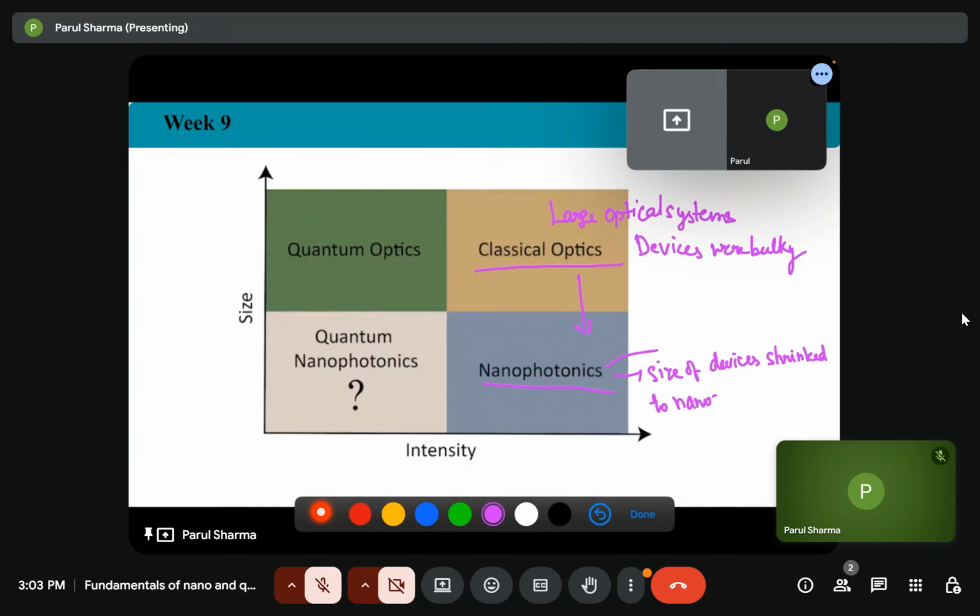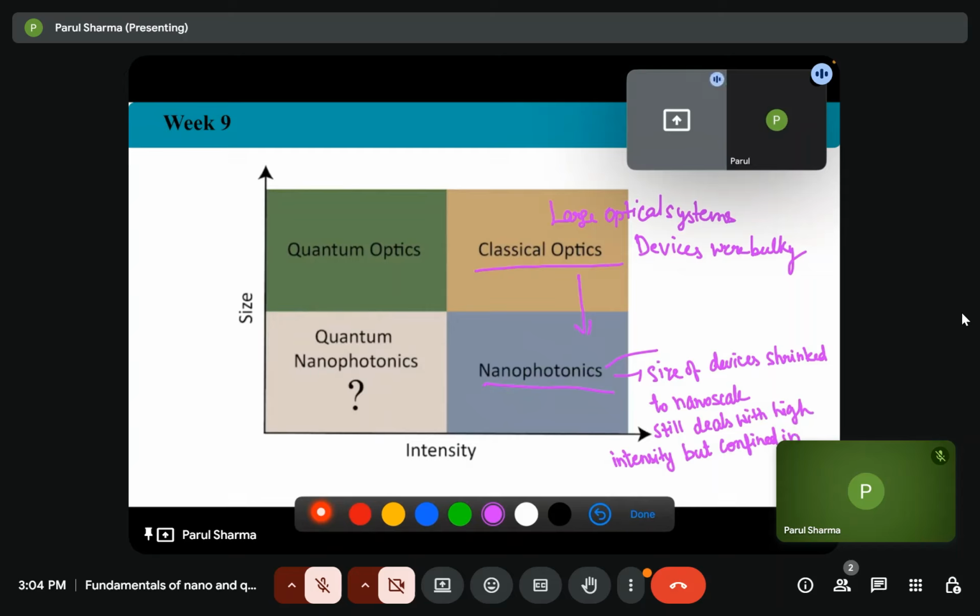But still, nanophotonics deals with relatively strong light, that is high intensity, but confined in small volume.